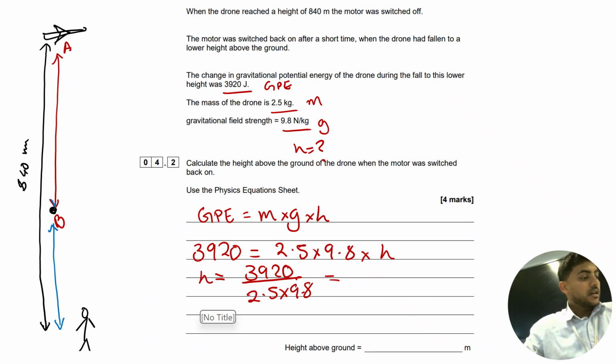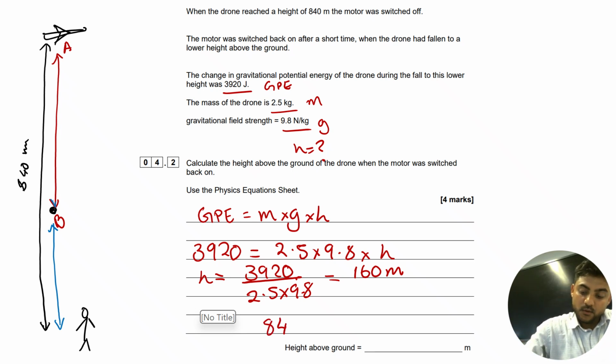When we do that, the change in height from A to B ends up being 160 meters. That is how far it drops. So, how far above the ground is it now?